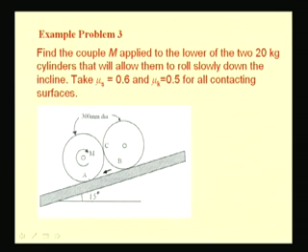So, we are interested to determine the value of this moment M that is required to allow for this slow motion to be possible. In order to solve the problem, let us consider the free body diagram for each of these cylinders. Since these cylinders are rolling without slipping at these points A and B, the frictional forces developed at these contact points are less than the limiting value.